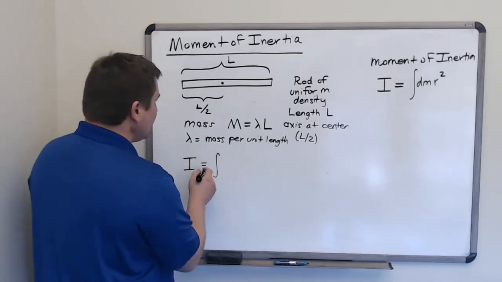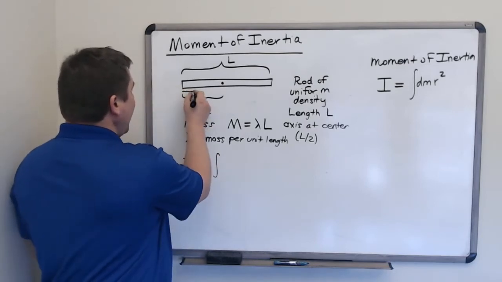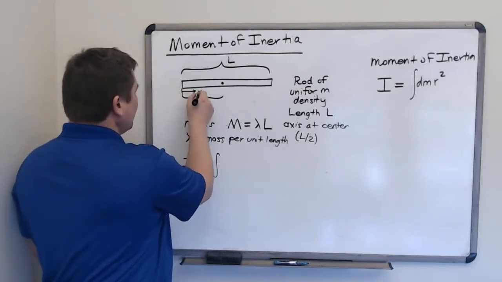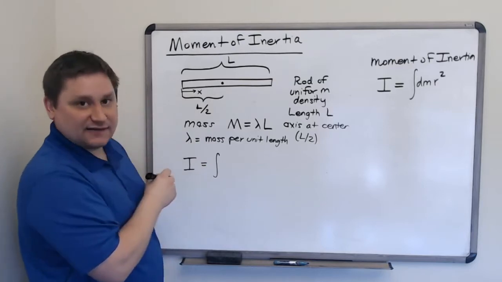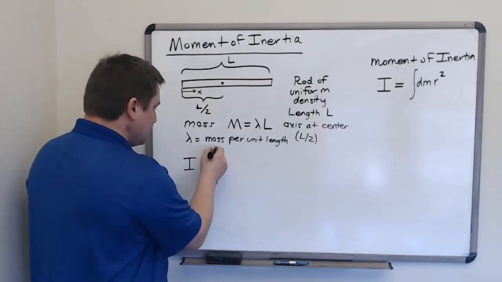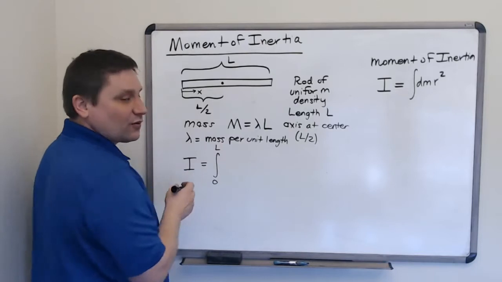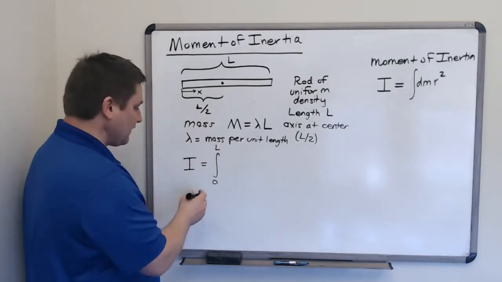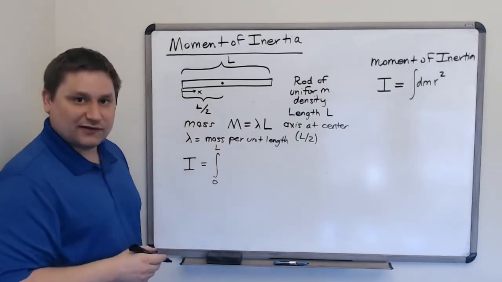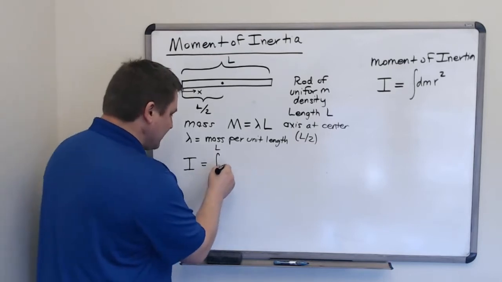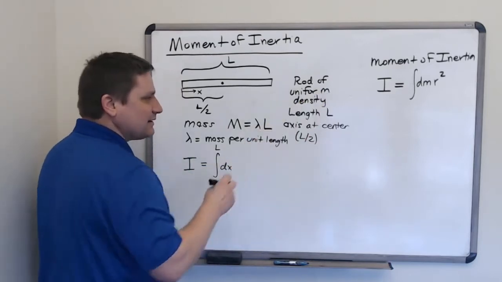So we'll use the coordinate x to go from the left side of the rod at x equals 0 to the far right corner of the rod at x equals L. So our limits of integration are from 0 to L. And we're going to be integrating over x, not m.